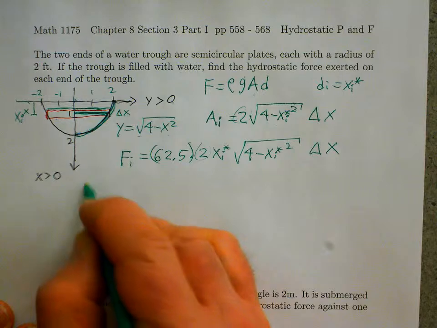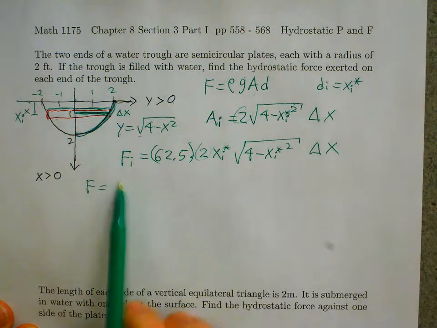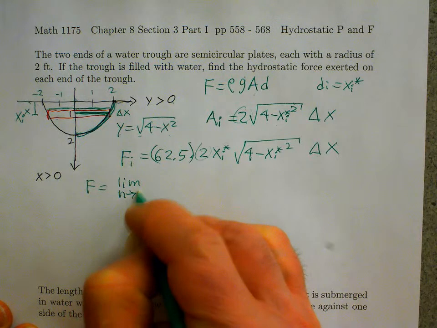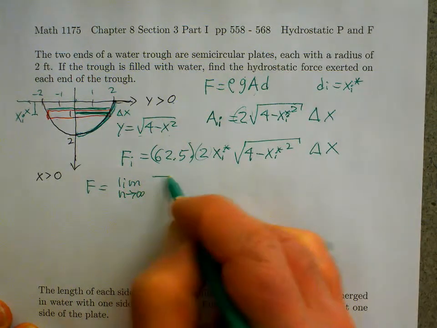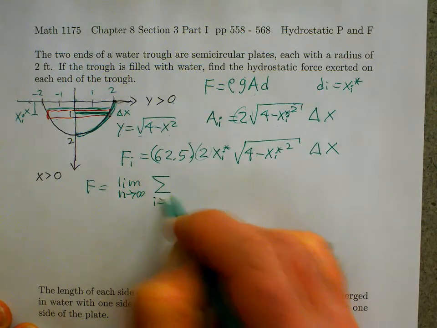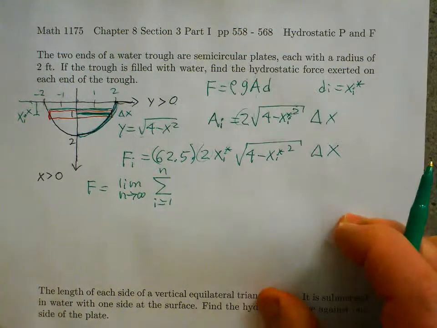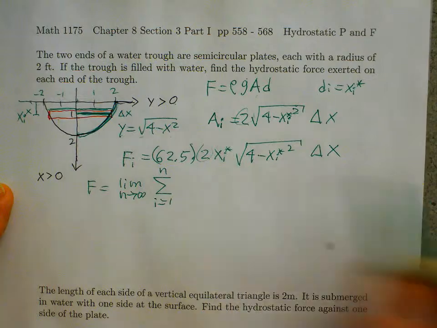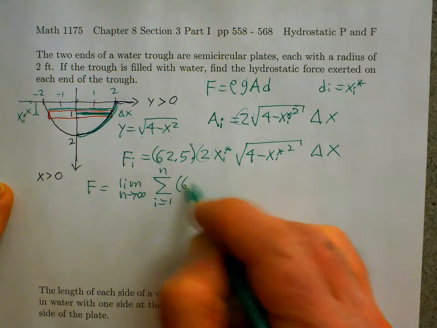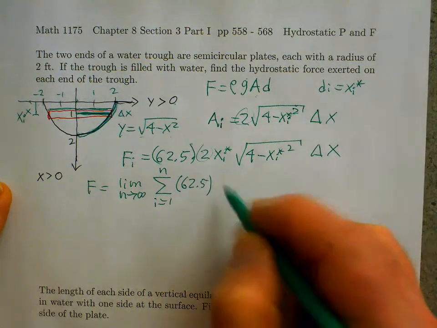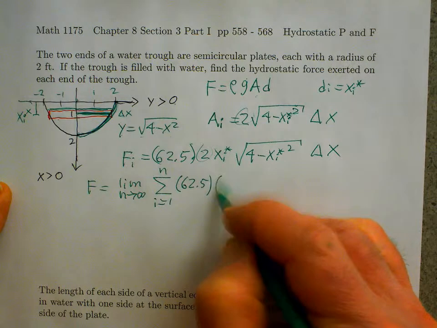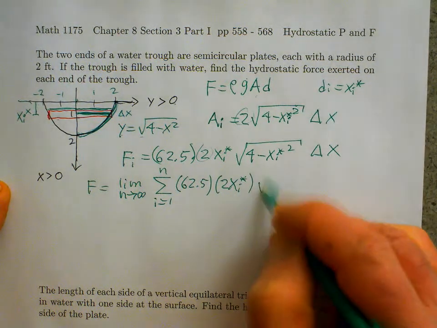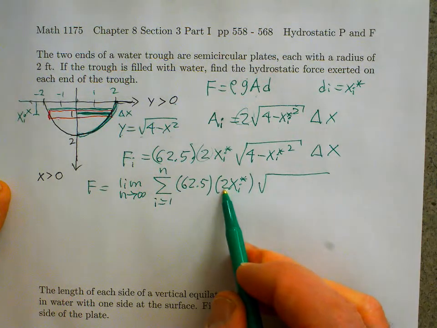Okay, so the total force, if we add up all of those, is equal to the limit as n approaches infinity of the Riemann sum from i equals 1 to n of all of those components. I'm going to leave it as 62.5 times 2 times x sub i star. We're going to need that factor 2 a little bit later.